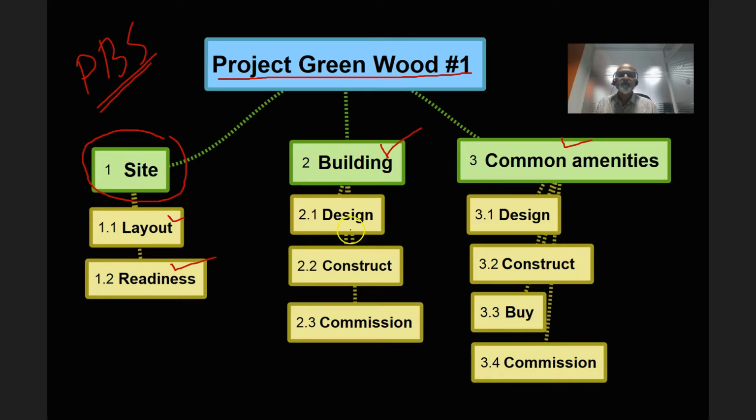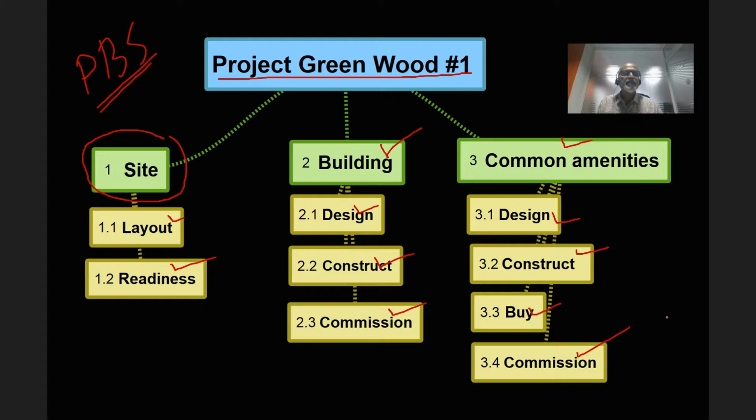And for the building part, the design must be completed, then we should do the construction, and then we should do the commissioning. And the common amenities, again, design, construction, buying the material. So sometimes we construct ourselves, sometimes we buy ready-to-assemble things, and then commission. So this is a typical product breakdown structure.